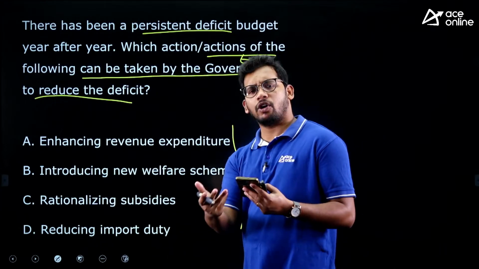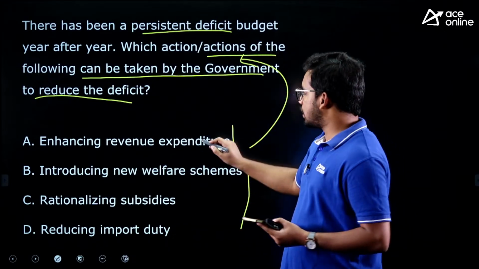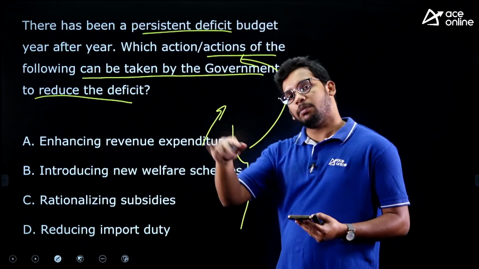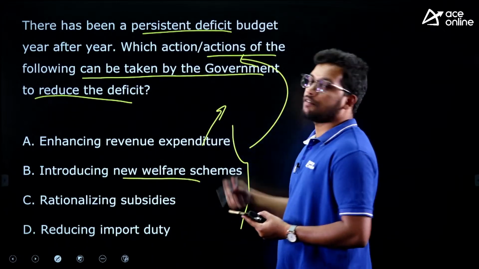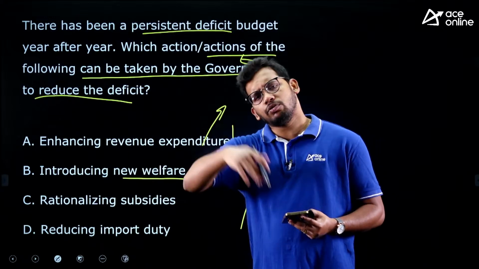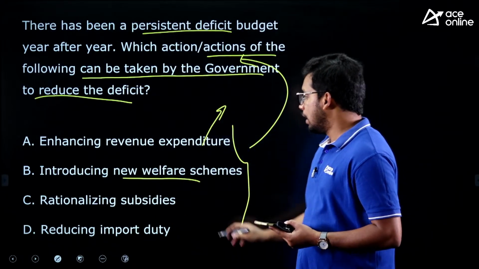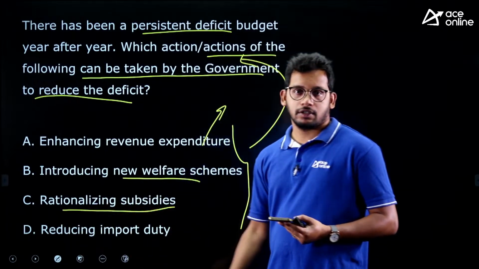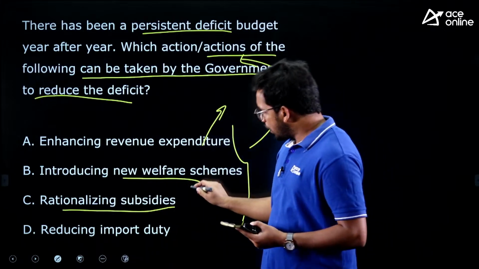So now tell me, very common sense. Enhance revenue expenditure. So they are saying spend more. Next one, introduce new welfare schemes. So bring in new schemes and give money to the public. Rationalize subsidies. That means whatever subsidies you are giving, fertilizers, food subsidies, reduce them.